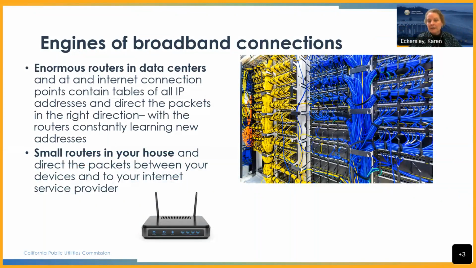In the bottom picture, you see a small router that you might use in your home. This connects to your internet service provider, which might be a cable company. This router is quite small and only needs to know about the half dozen or so devices inside your house, but it operates on the same ideas as the larger routers that operate in data centers.